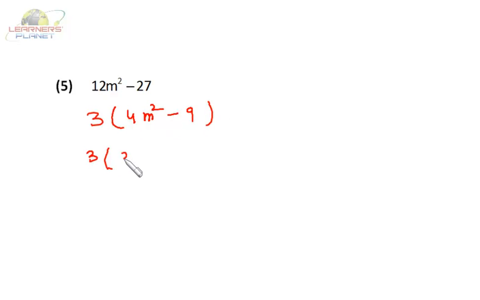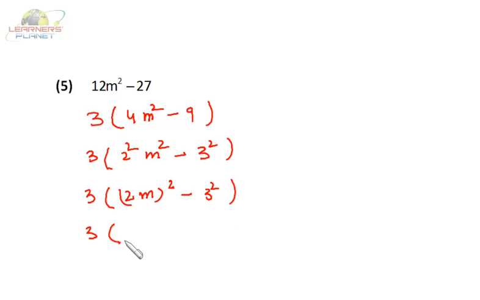Now it's 2 square m square minus 3 square, and it is 2m whole square minus 3 square, and it is 2m minus 3 and 2m plus 3. Just do it step by step. You'll be getting full marks in your exam. Okay, it's very simple, friends.